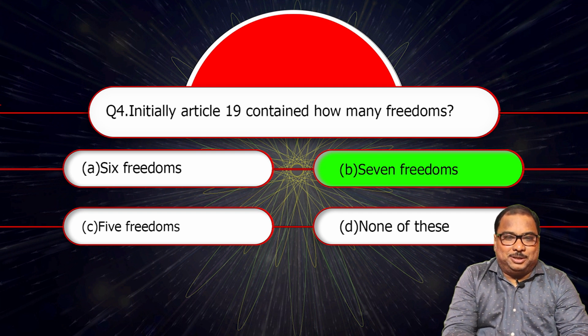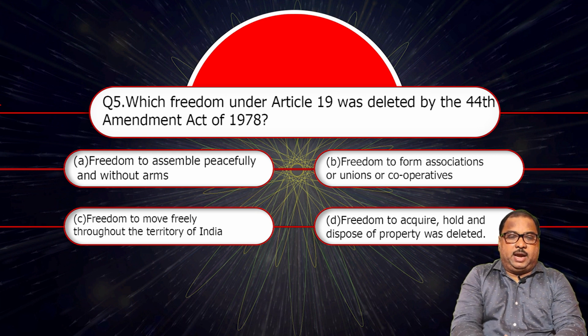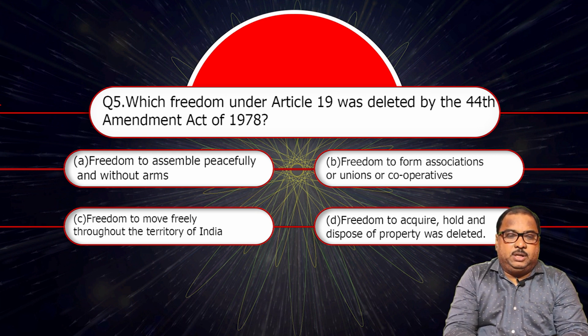So now next question. Which freedom under Article 19 was deleted by the 44th Amendment Act of 1978? Option A, freedom to assemble peacefully and without arms. Option B, freedom to form associations or unions or cooperatives. Option C, freedom to move freely throughout the territory of India. Option D, freedom to acquire, hold and dispose of property.